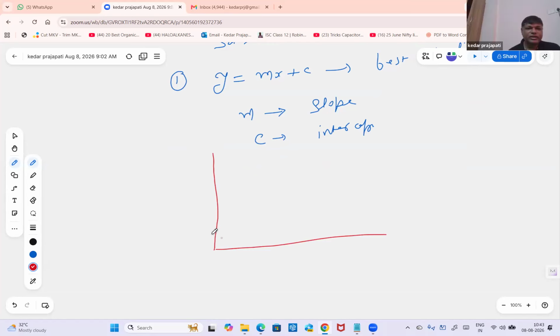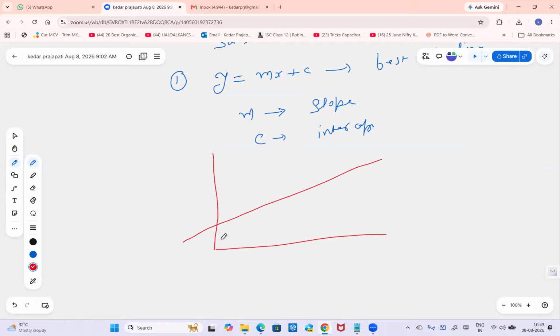So suppose your line is like this, so every time the line will not pass through the origin. Suppose you are finding slope at this point, and slope can be found only on 2 points.